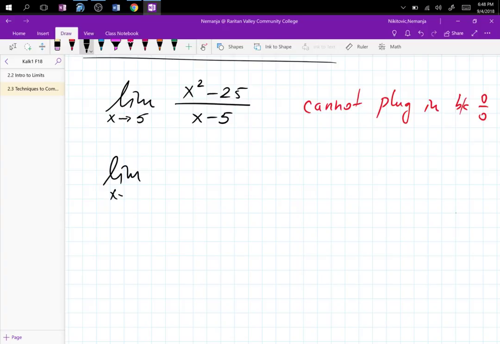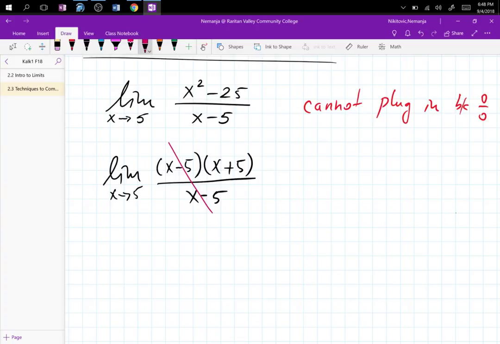So limit as x goes to 5, and if you know your algebra, you see that the numerator factors cancel with the denominator. We just divided 0 by 0 and got 10. Awesome.